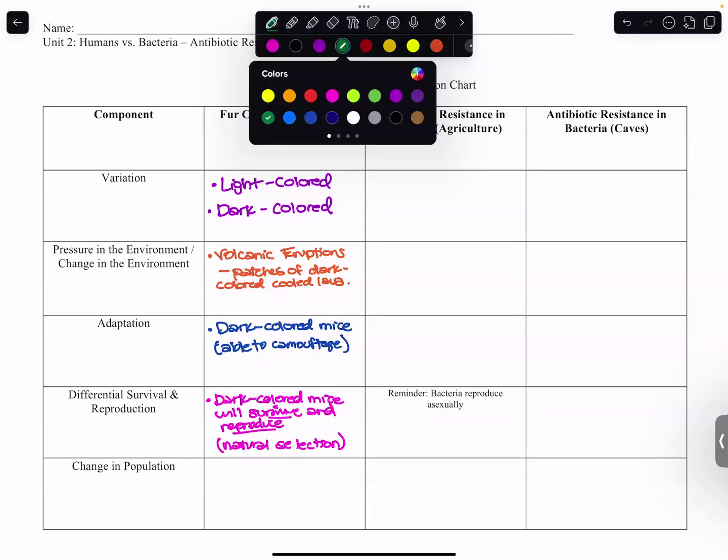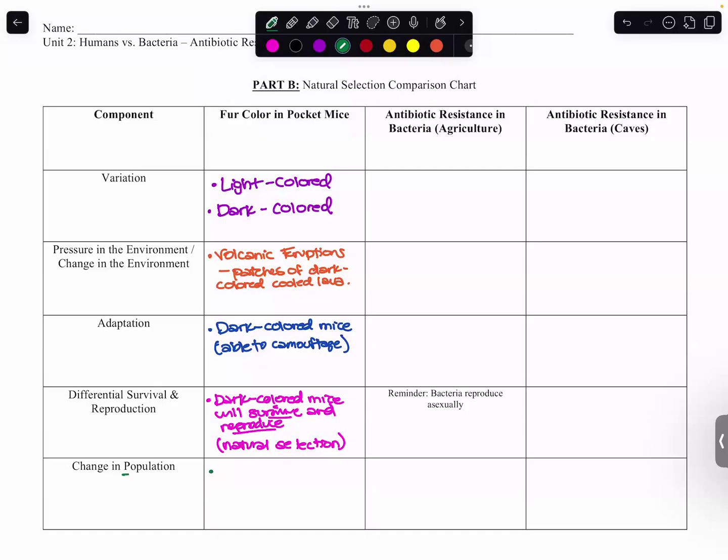And then the change in population over time, right? Because again, we care about the population, not the individual. The population of mice in the desert will become darker over time, which is what we learned in the investigation, right, is that the dark colored mice population seem to be increasing, whereas the light colored one seems to be decreasing.